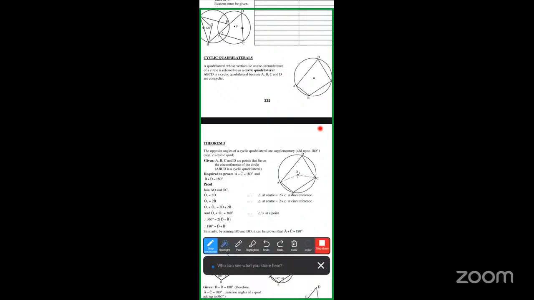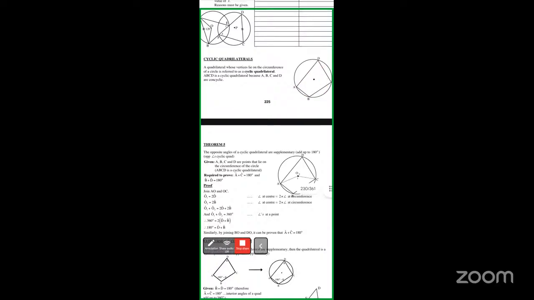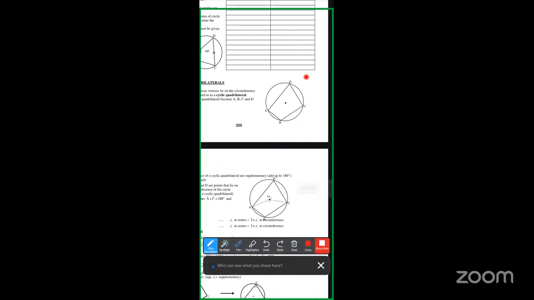Meaning in this diagram, if you add that angle D right there to this angle B, you're going to get 180 degrees. Those angles are opposite. Same applies with this angle and this angle. They are opposite. When you sum them up, they are supplementary. That's what you need to know.